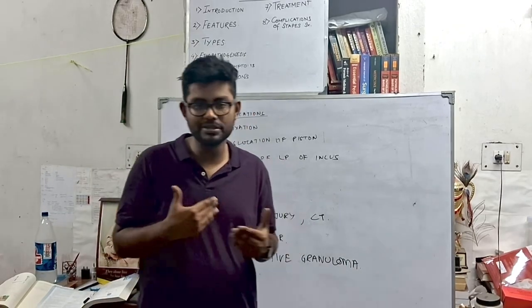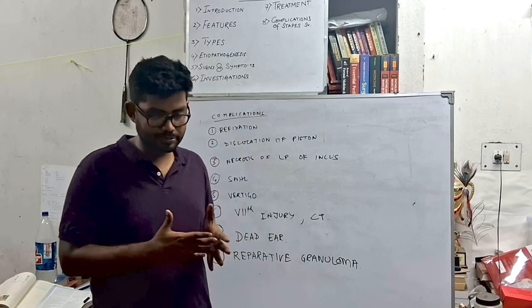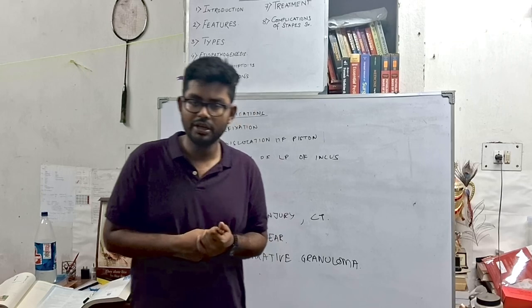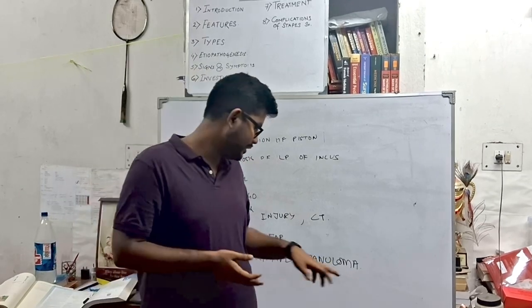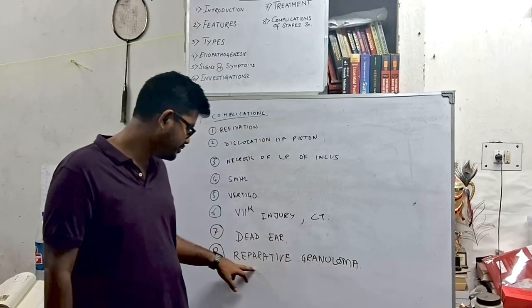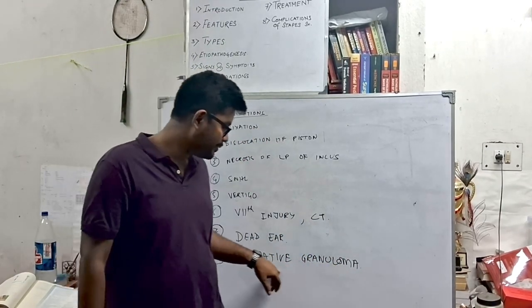So it usually presents 1 to 2 weeks after the stapes surgery, and in those patients we have to immediately go for a re-exploration and repeat surgery. So that is a little rare complication, and it is suspected that it is due to the foreign body reaction to the piston, and this is called a reparative granuloma.